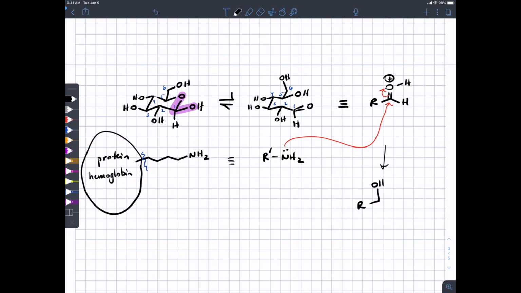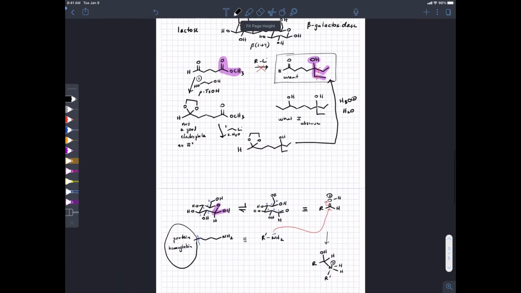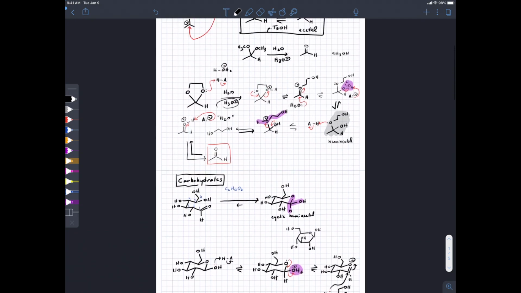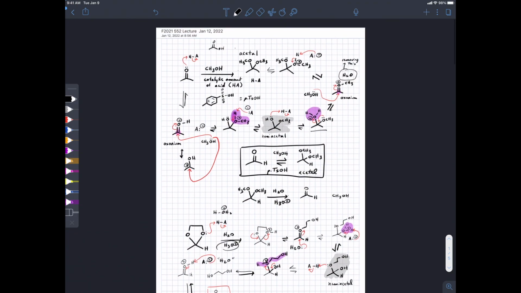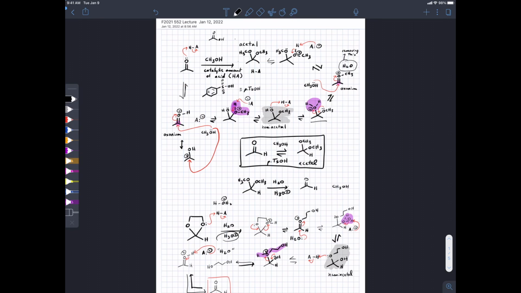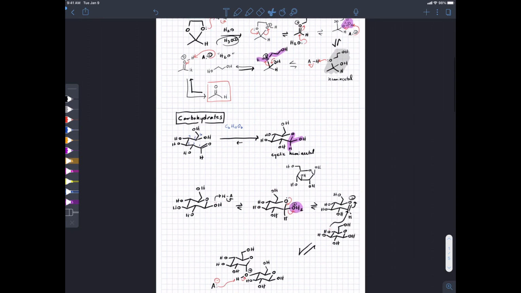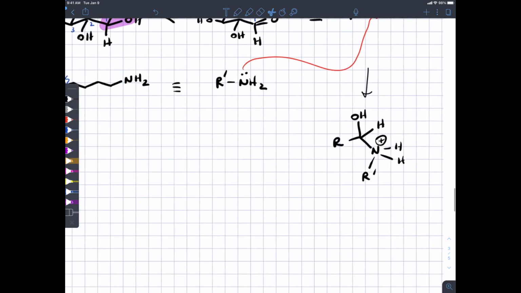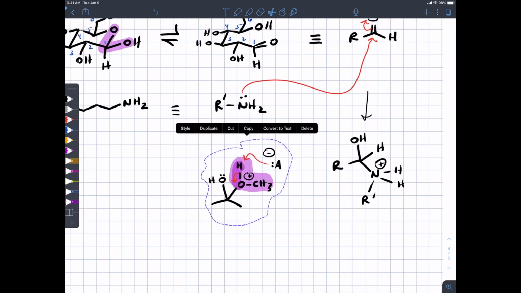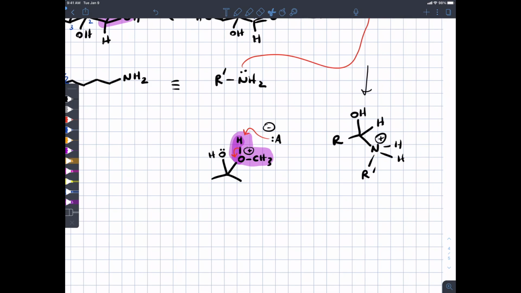I want you to focus on what's similar here to things you have seen before. Sorry for the disorienting scrolling, this intermediate should look a lot like the following intermediate from acetal formation.